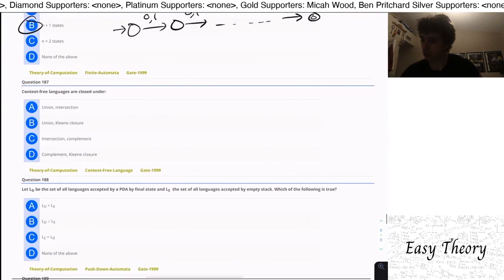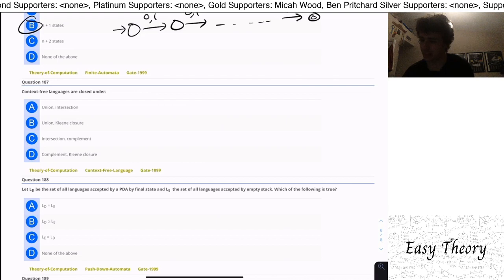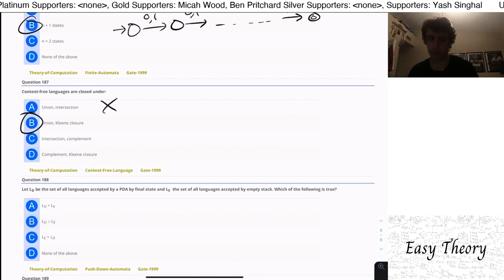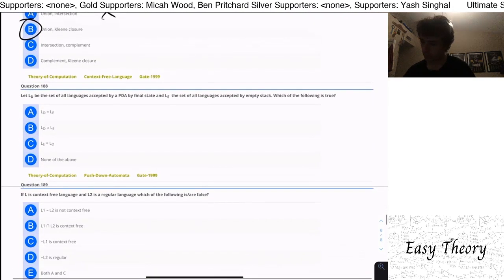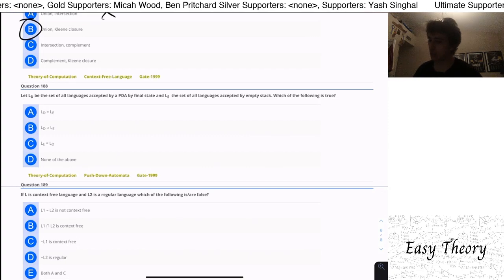Context-free languages are closed under... It's the first time I think this was asked. Interesting. So union, intersection, nope. Union, Kleene closure, yeah. So it's that one. Let LD be the set of all languages accepted by PDA by final state, and LE by empty stack, and these two are the same.